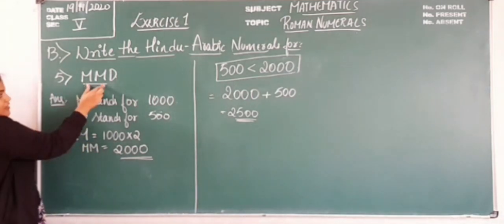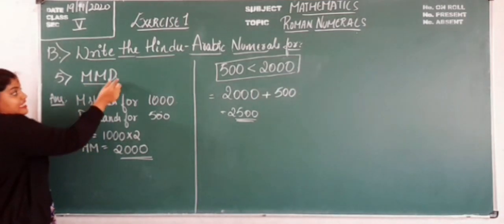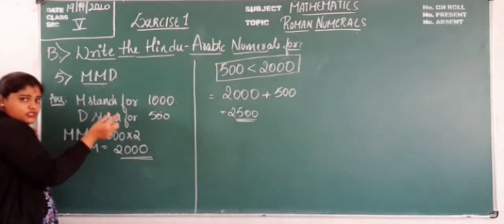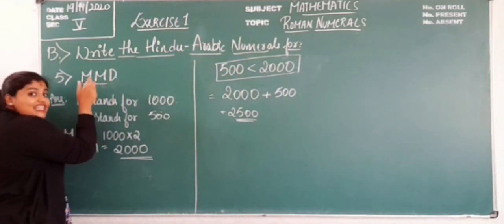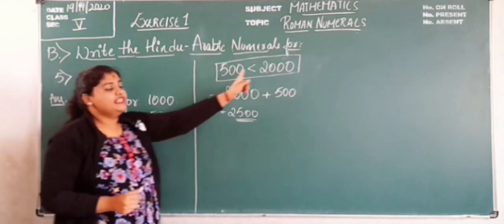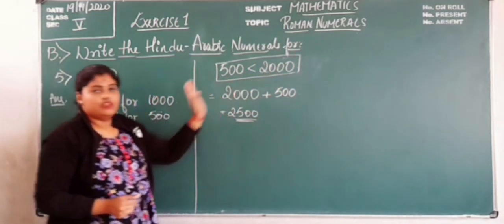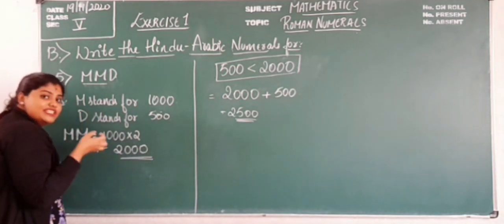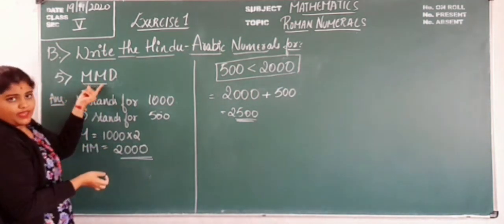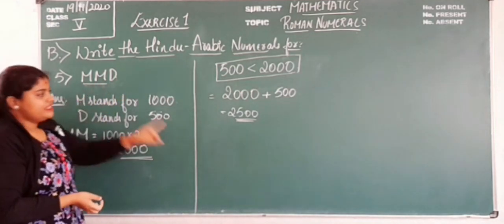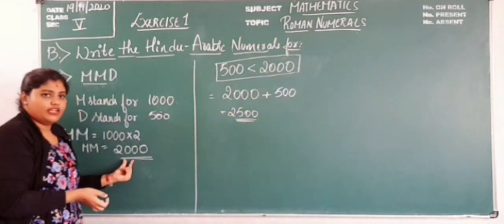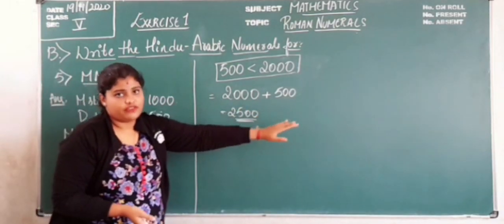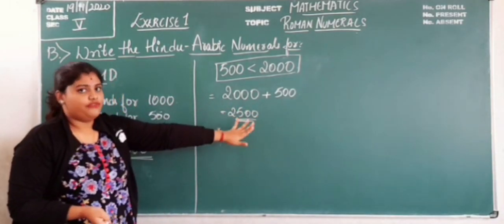Next, D is less than 2000, since 500 is less than 2000. If we write a smaller value symbol after the greater value, it is addition. So we added MM plus D, that is 2000 plus 500, which gives us 2500.